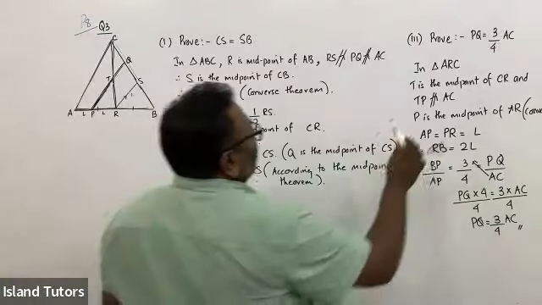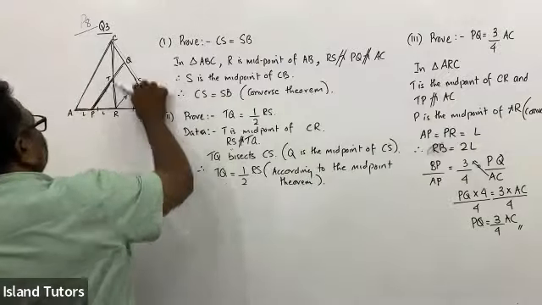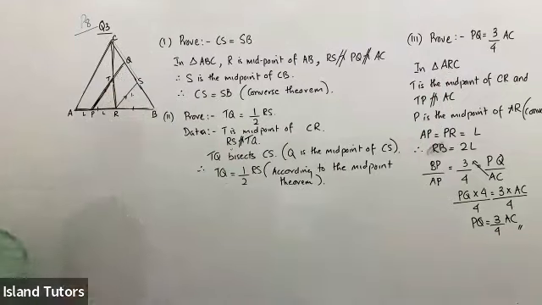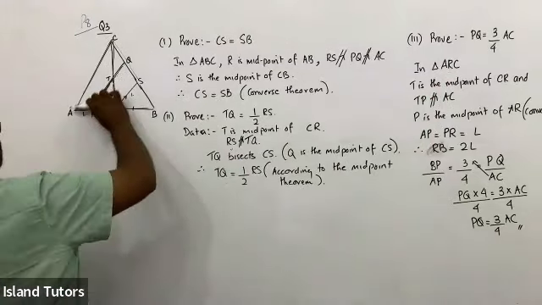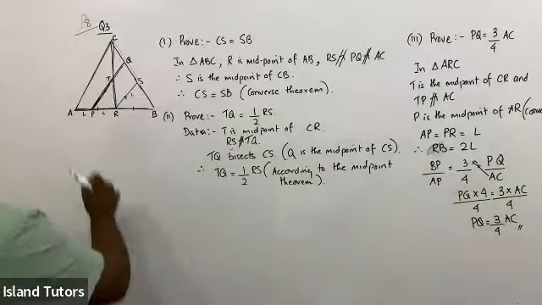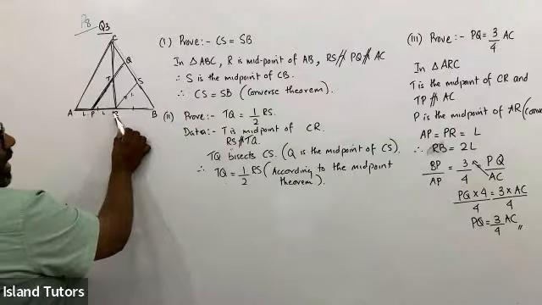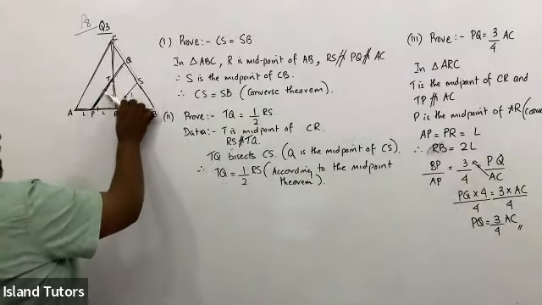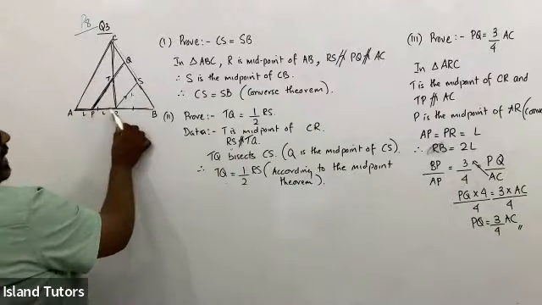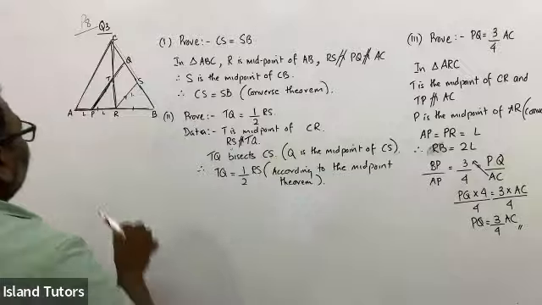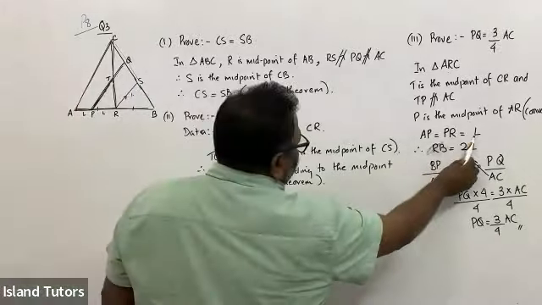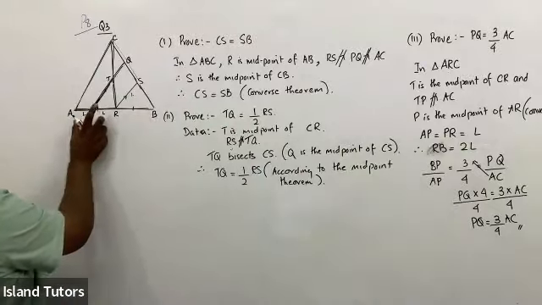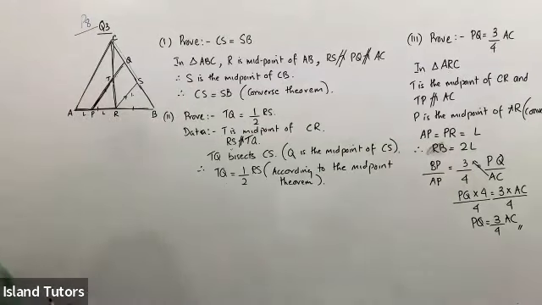So they are saying in triangle ARC, that is this, T is the midpoint of CR and TP is parallel to AC. P is the midpoint of AR, which is the converse theorem, because this is parallel to this and a line running through the midpoint bisects the third side. So AP is equal to PR is equal to L. So they are saying, therefore, RB is 2 times this, which is 2L.